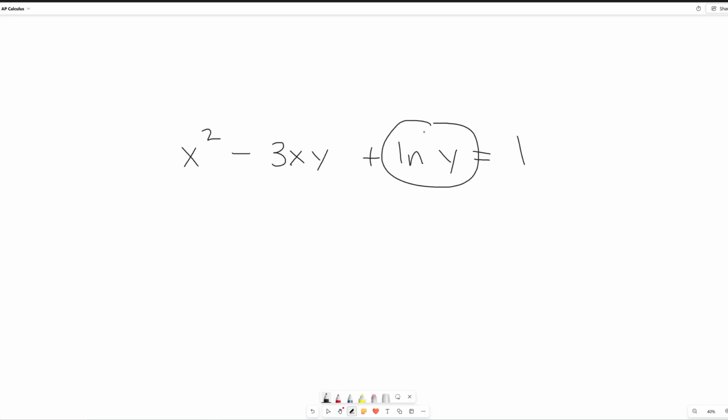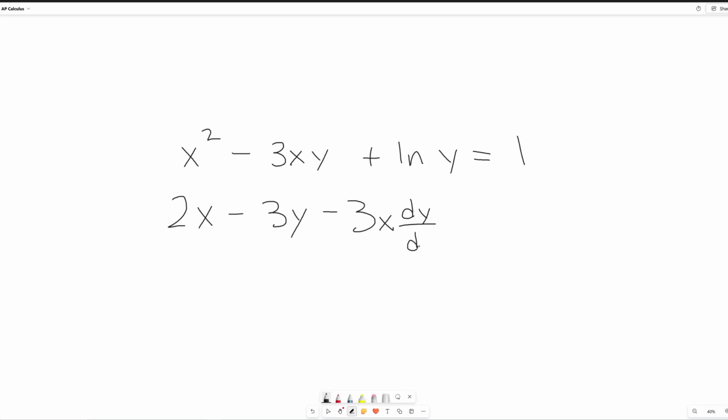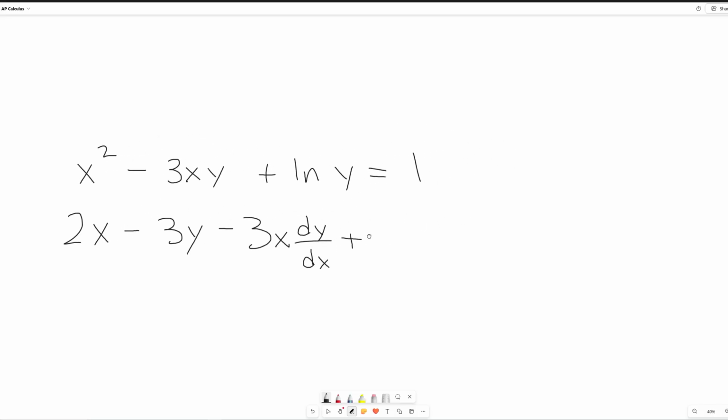Now we have an ln, though, but it's just going to be the same process. Derivative of the first times the second, derivative of the second times the first, and then ln of y is going to be 1 over y, because that's the derivative, times dy over dx, which equals 0, because this one goes away.